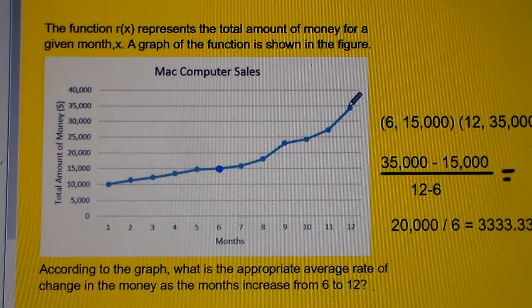And at 12, it seemed like it was around 3500. So I find the slope between those two points, 35,000 minus 15,000 gets us 20,000, and then 12 minus 6 gets us 6, so 20,000 divided by 6. That would be approximately the slope. I say approximately because I kind of guessed exactly where those two coordinates are by just looking at the chart.